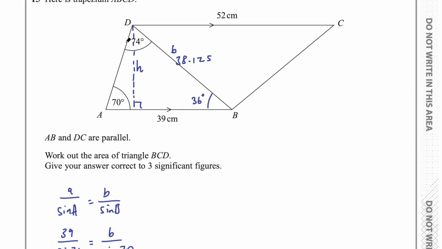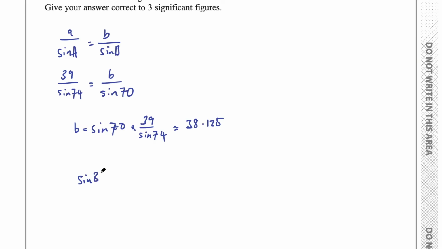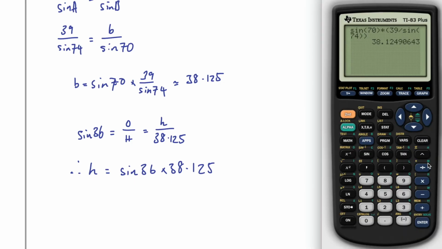So I can say the sine of 36 equals h over 38.125. Therefore, the height equals the sine of 36 multiplied by 38.125. Just put that into a calculator, take the answer that you previously had, multiply it by sine of 36, and we get 22.409 approximately.